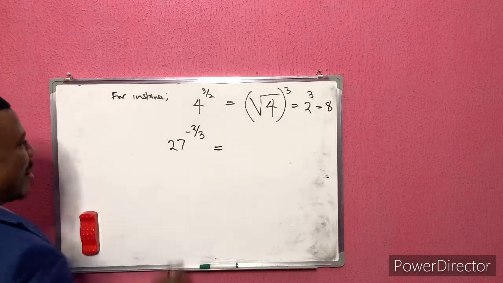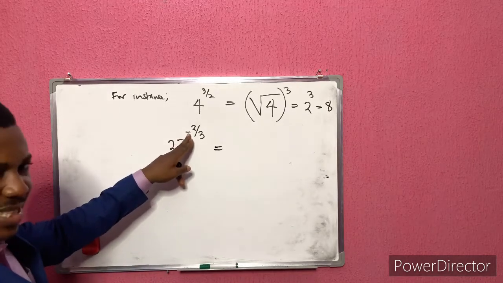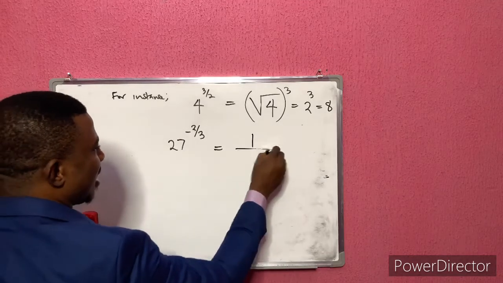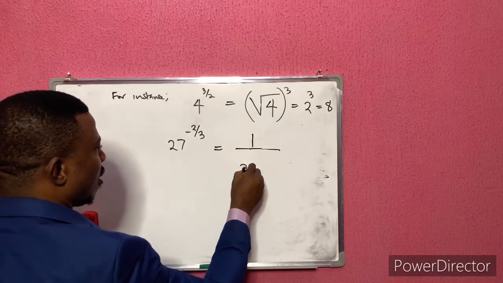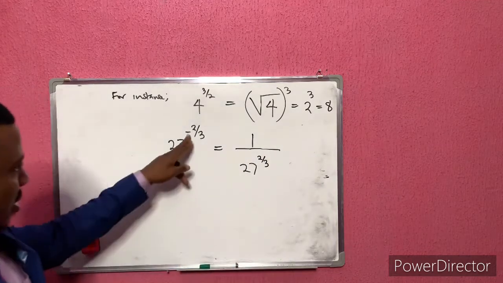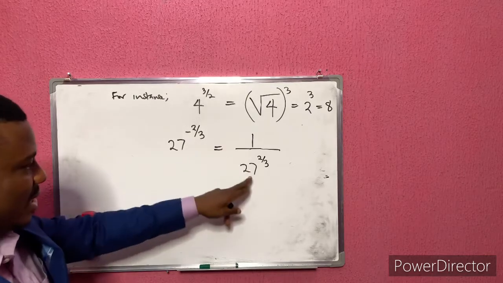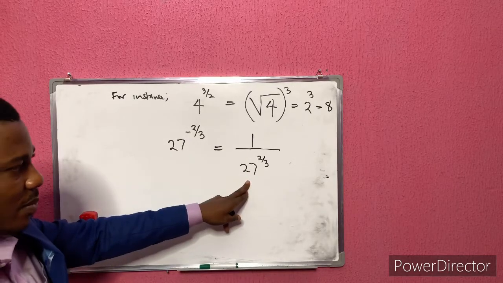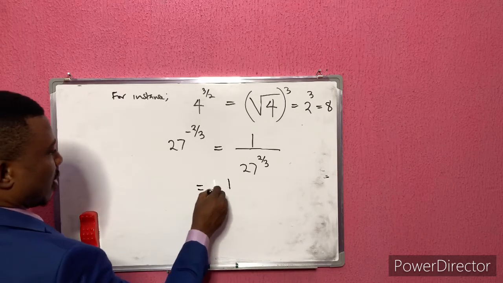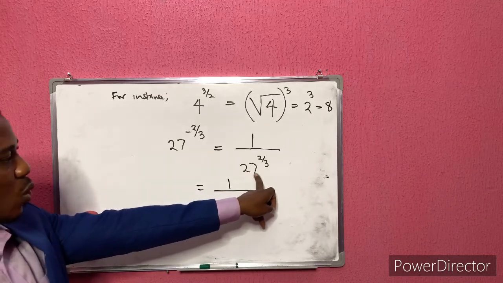This will give me, remember what we said about when the index is negative, you write the inverse of the base power the index. I have removed the negative sign by making it the inverse. First step. Second step. This one is my last rule.